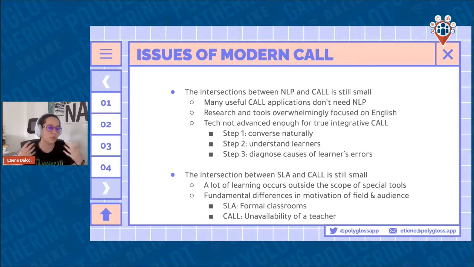So we are dealing with situations where a teacher is not necessarily available, or maybe it's unaffordable. Maybe people just don't have money to pay to be in a formal classroom, but they have a phone with some 3G internet, right?